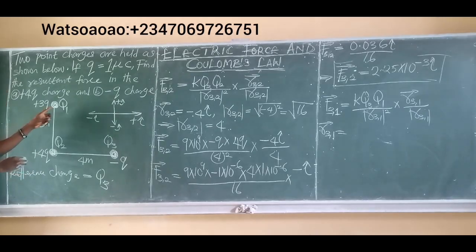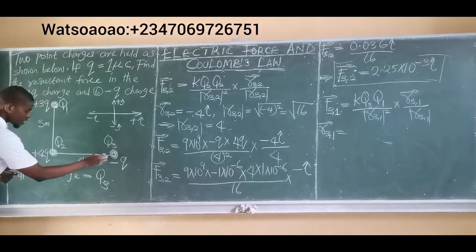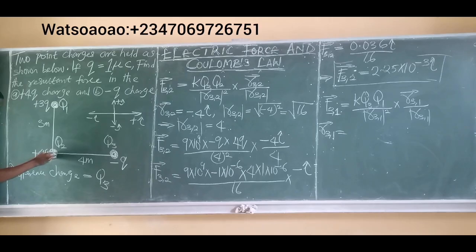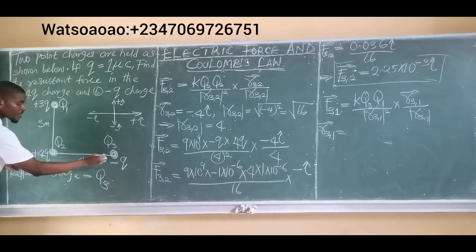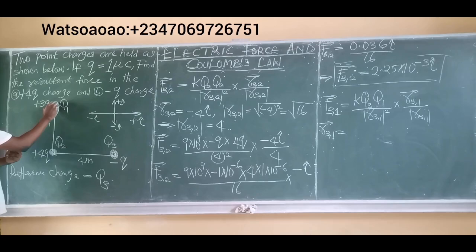I want to locate charge Q1. First of all, I move from here, the reference charge, to charge Q2, covering 4 meters, but that is not where charge Q1 is. Now, remember, this 4 meters is moving backwards, negatively. So I covered negative 4 in the I direction, but I am not yet at charge Q1. So I still have to move from charge Q2 upward, vertically, to locate charge plus 3Q.